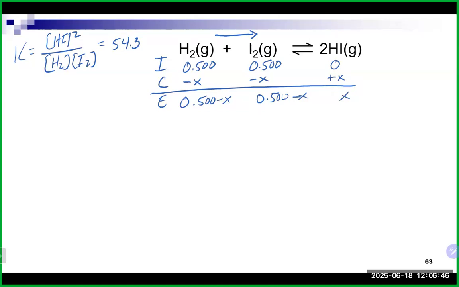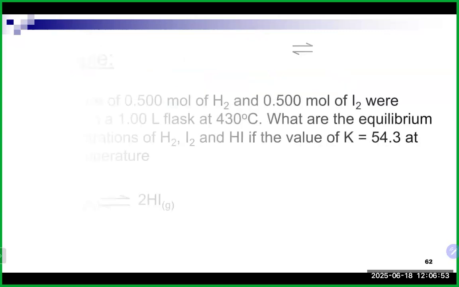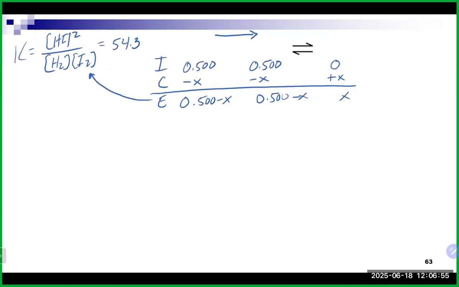All right, in this case we do want to solve for x. We take everything at the equilibrium line and put it into our expression. That gets us x squared up on top, divided by 0.5 minus x times 0.5 minus x, and that's going to equal 54.3.